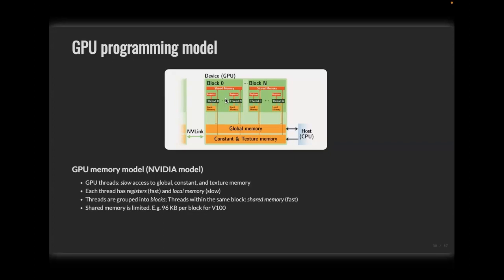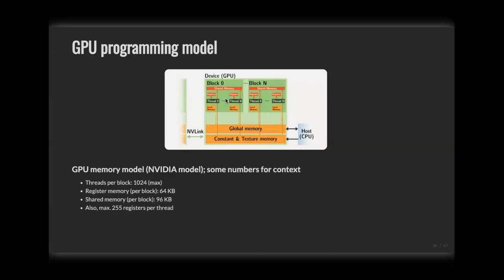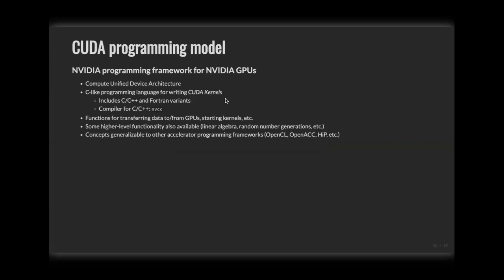This number, 1,024, depends on the architecture, but in basically any GPU that you will run on, it's really 1,024. It hasn't changed for many years. This limit is 1,024. Okay, I think that's all I want to say here.